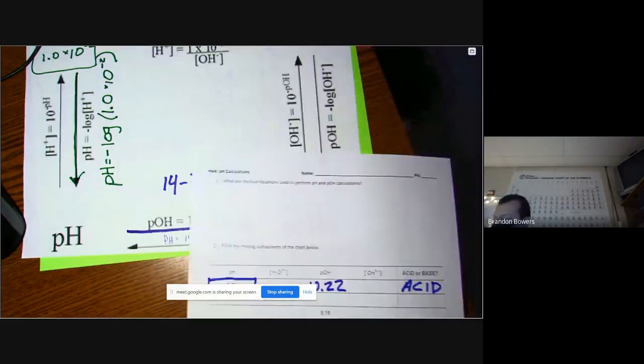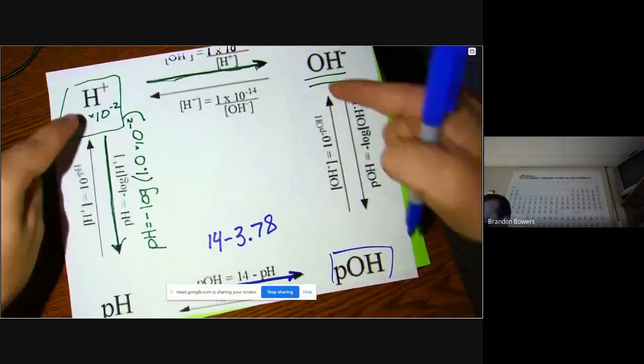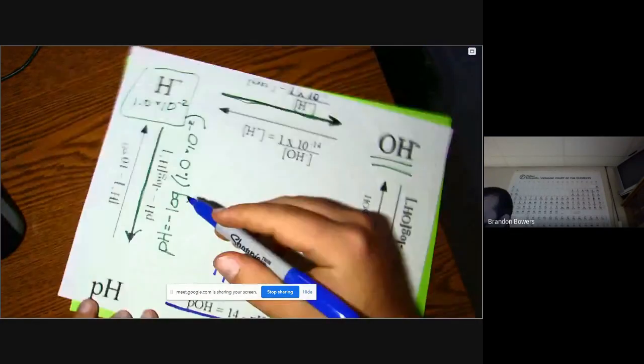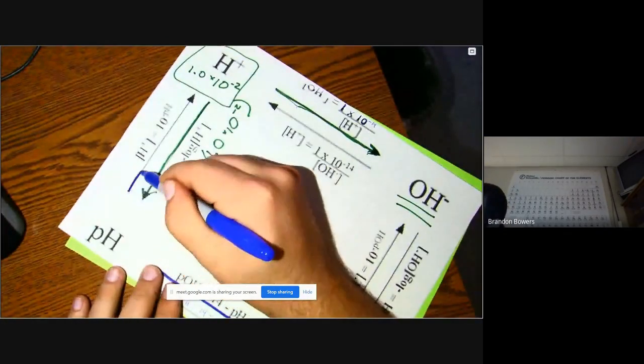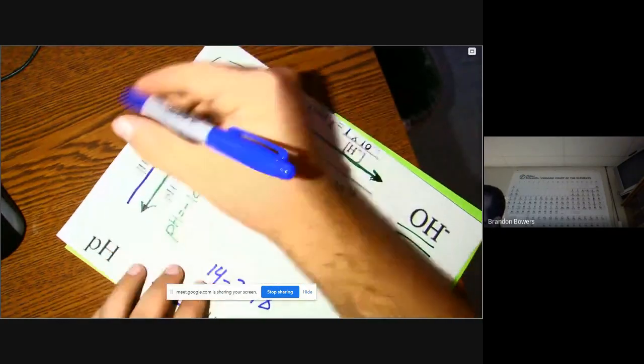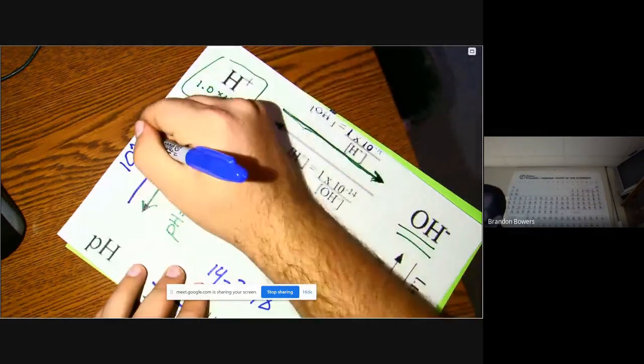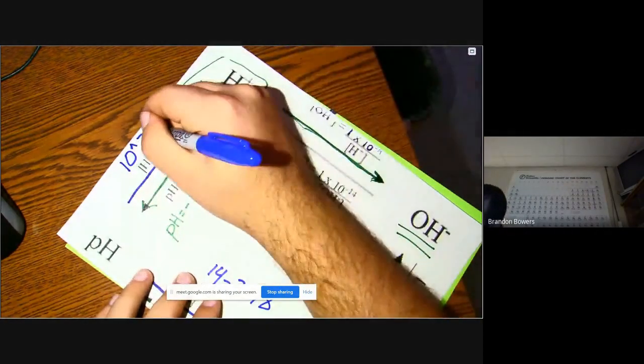All right, so now I have these two values. I got to find these two values, so I got to go up. Let's do this first one. Got to go up. So it is 10 to the negative, what's my pH? 3.78.